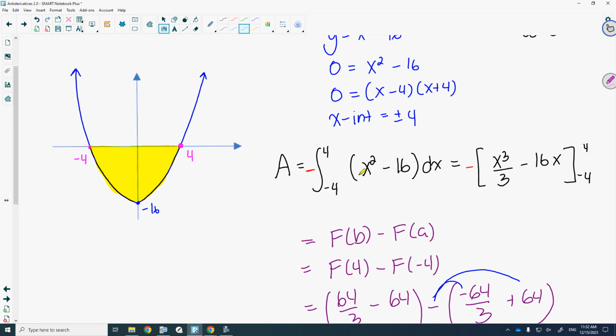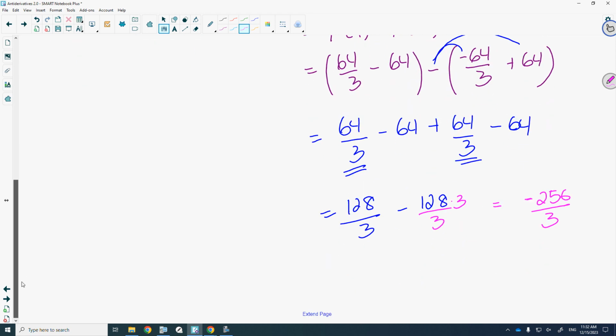I put it in here to show you that we recognize that we're going to get a negative area. So what I'm going to do to my answer is one of two things. I'm either going to put a negative right now at the very end and multiply it by negative 1, which will give me a positive value, or I could take the absolute value of this. But you're right, I kind of have been ignoring that negative throughout.